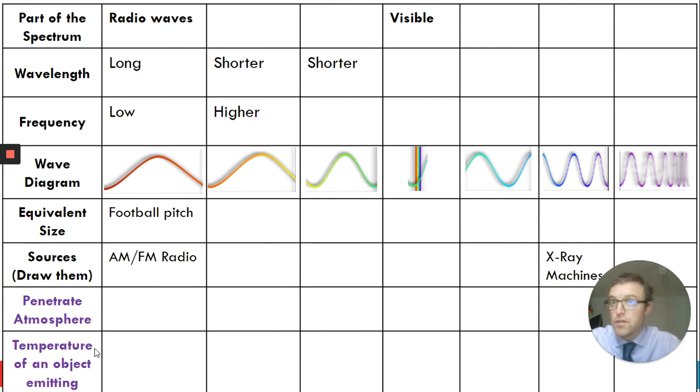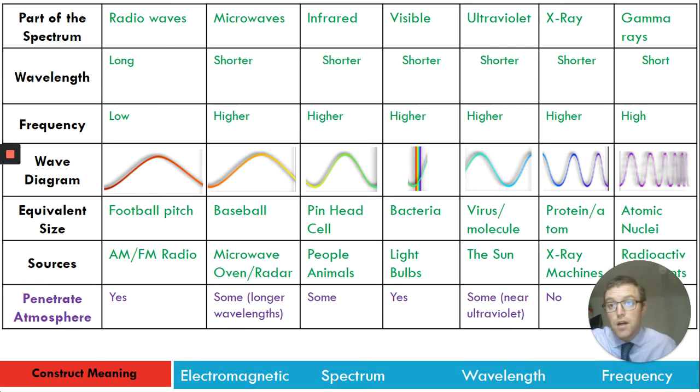Okay, let's go through the answers. I'd like you to write in the correct answer if you didn't get it. You may have other answers, but I'd like you to write these ones in. So I didn't include the temperature because I thought that was a bit too much, a bit too confusing. We go radio, microwave, infrared, visible, ultraviolet, X-ray, and gamma rays.